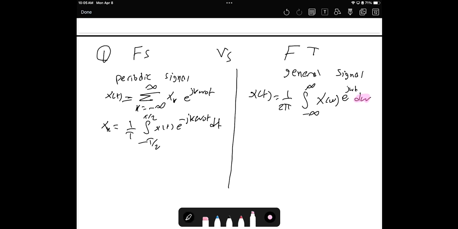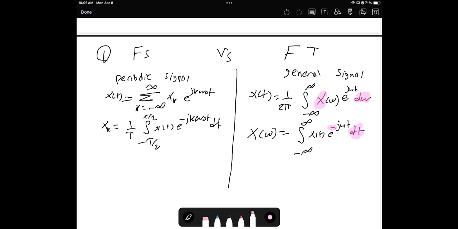Keep in mind it's d omega, not dt. To calculate X of omega, it is the integral from negative infinity to infinity of x of t e to the power negative j omega t dt. So keep in mind dt.